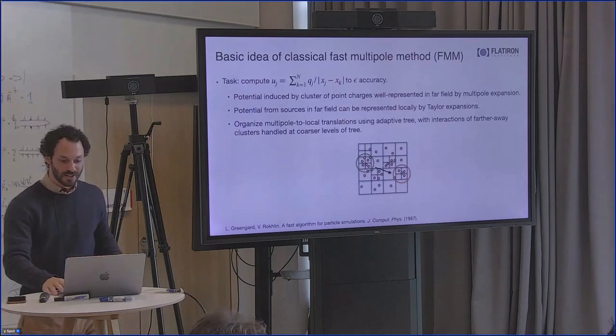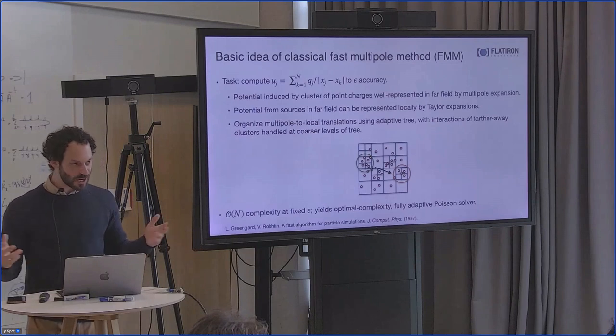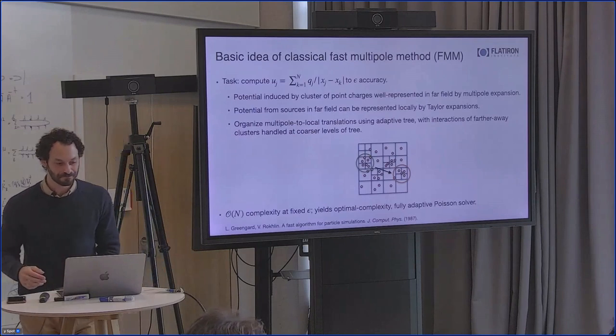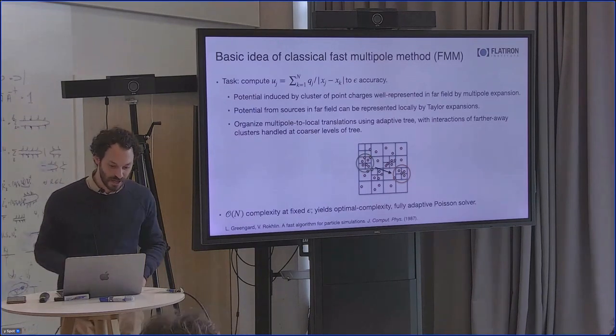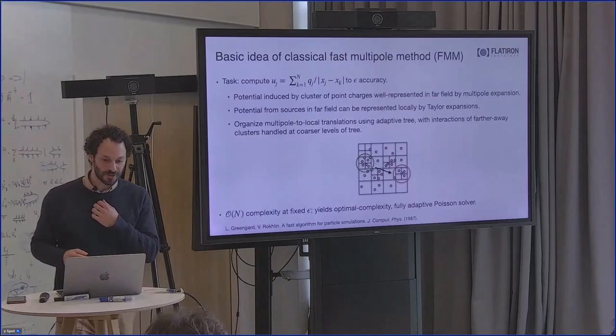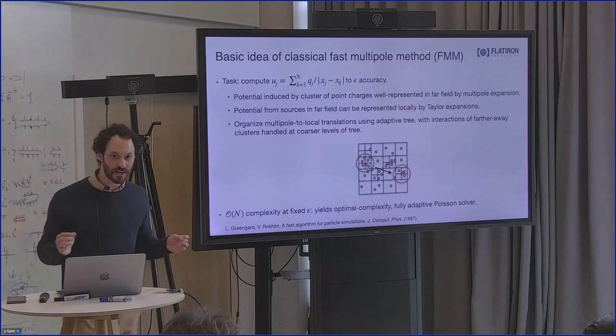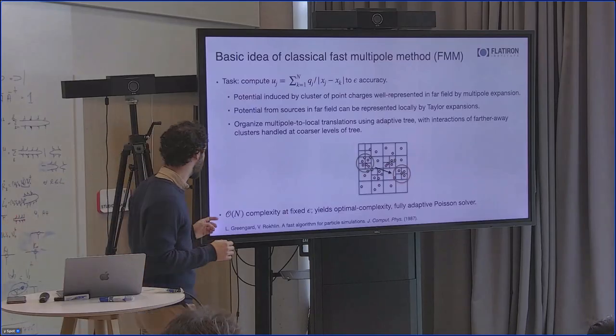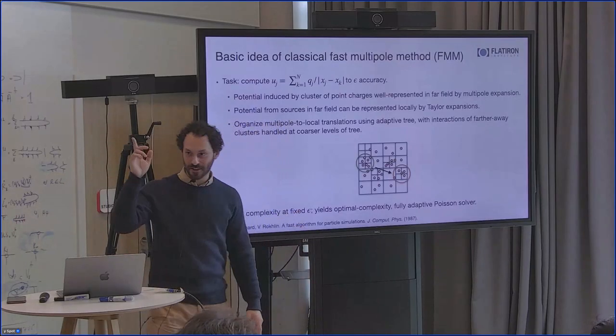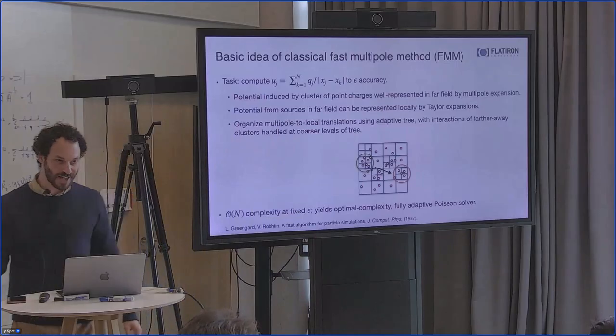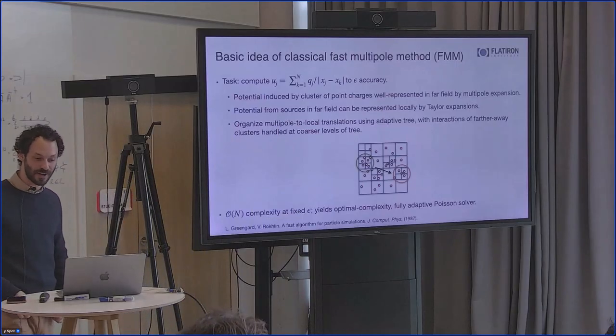So it's a cool algorithm. It's pretty complicated, but you can learn about it and understand it. In the end, surprisingly, you get O(n) complexity. You do all the counting, you get O(n) computational complexity at fixed epsilon. It's not exact, like the FFT is an exact fast algorithm.